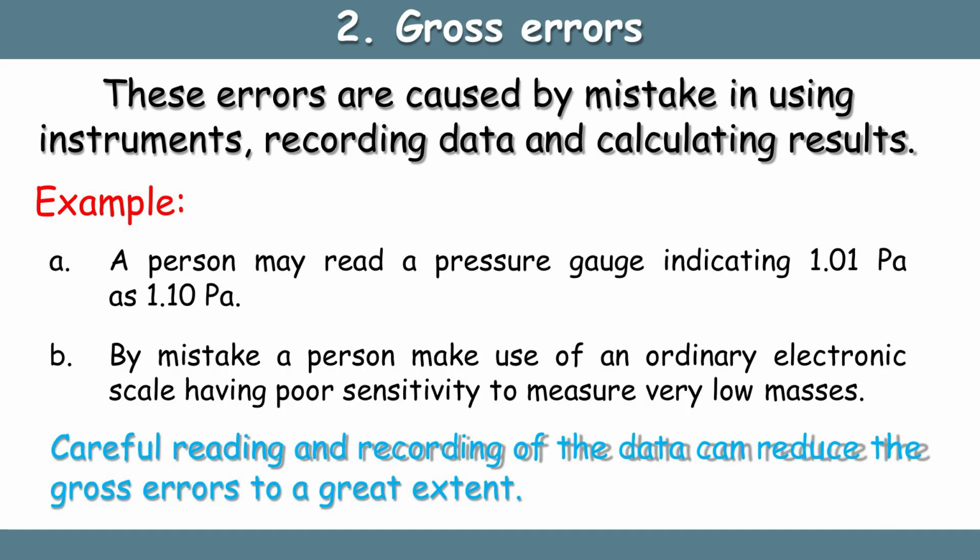Next is the random error. These errors are due to unknown causes. As I said, for the random error we do not know the cause due to which it happens, and it is sometimes termed a chance error.